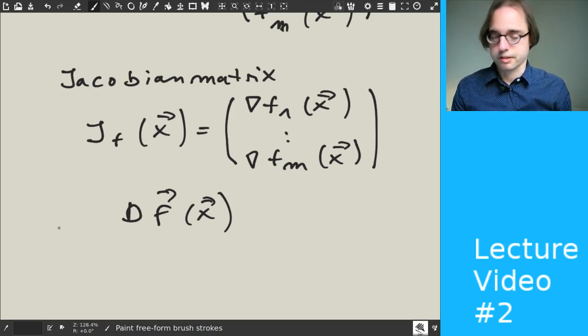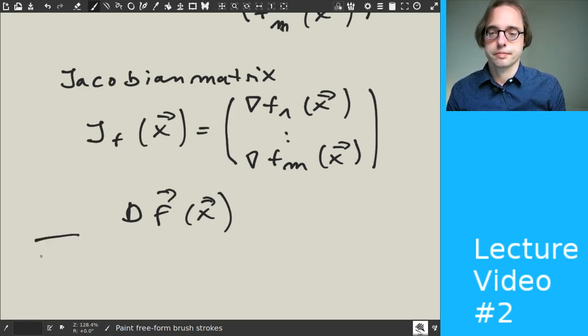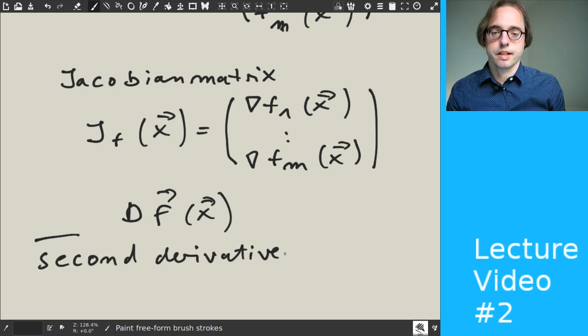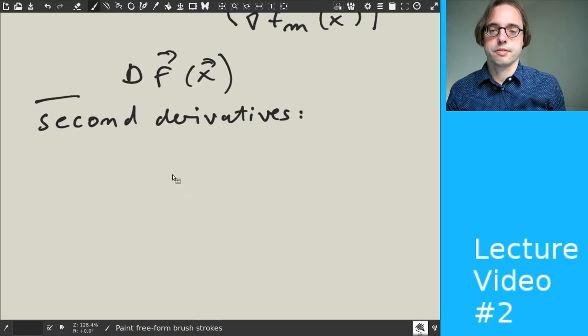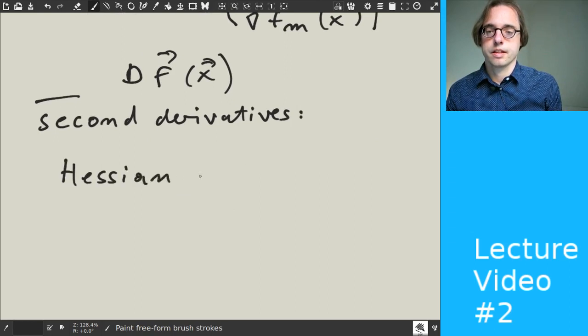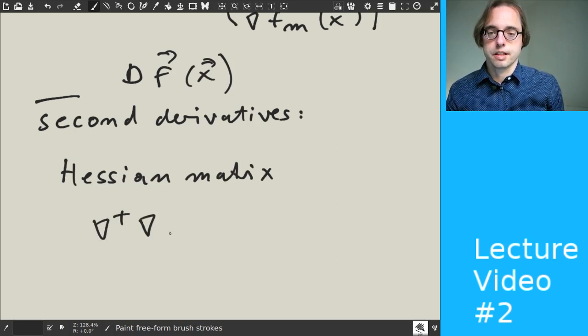And then we also have second derivatives. The most important thing here would be the Hessian matrix. You have a scalar valued function and you apply the gradient twice, basically.